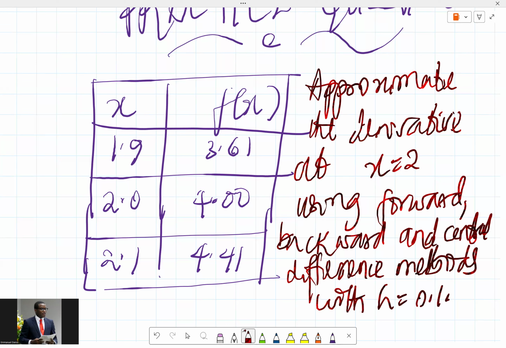Your x naught is already 2, so you can just do that. In case you have a table and you don't even know what the function looks like, and this is all you have, that is exactly what numerical differentiation is meant for.